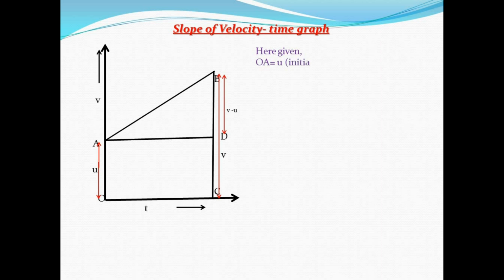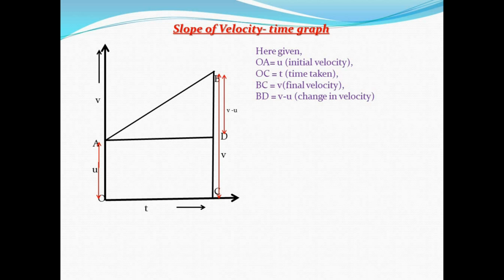Now here in this graph, OA is equal to u, which is initial velocity. OC is equal to t, that is time taken. BC is equal to v, which is final velocity.